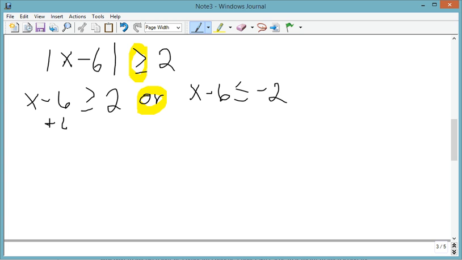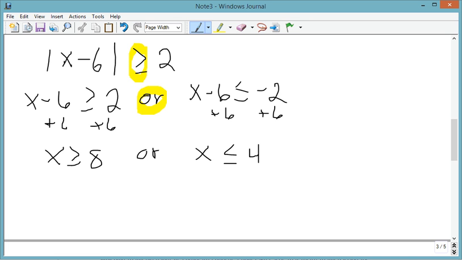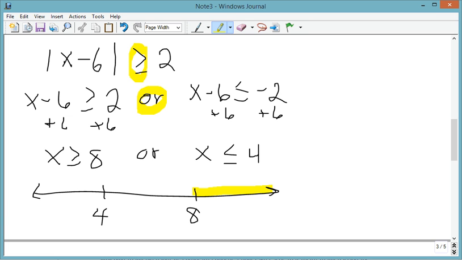So I would add 6 to both sides. I have x is greater than or equal to 8. Or when I add 6 to both sides up here, I have x is less than or equal to 4. When I look at the number line, I have 8, I have 4. Greater than or equal to 8 is going to be up here. Less than or equal to 4 is going to be down here.